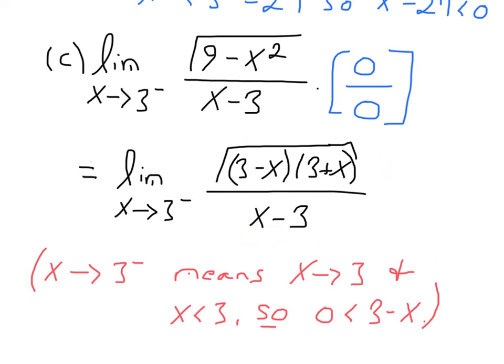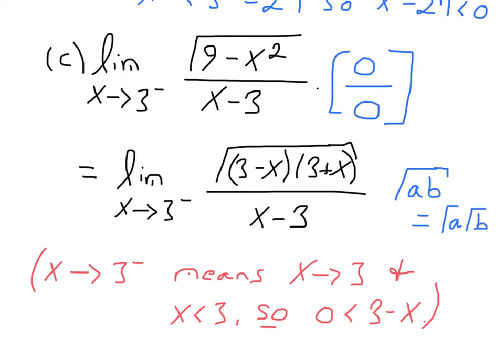Alright, so now turning our attention to the limit, I want to try to isolate this 3 minus x a little bit, and to do that, let's just recall that the square root distributes across products of positive numbers. So if a and b are positive, the root of a times b is equal to the root of a times the root of b.